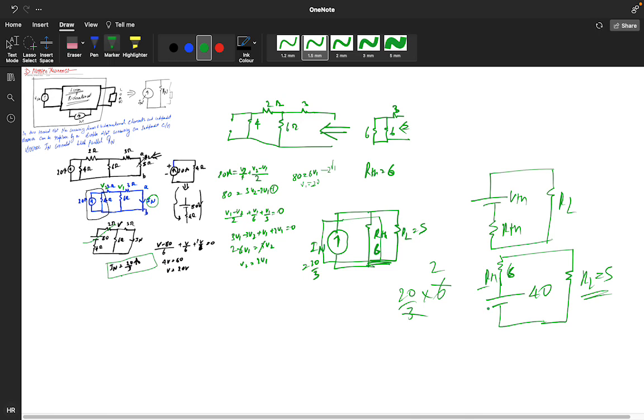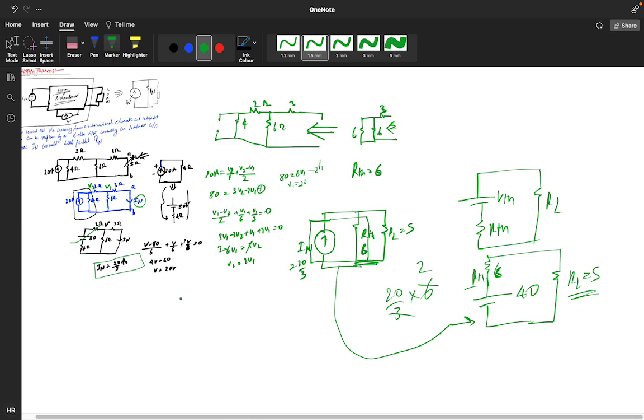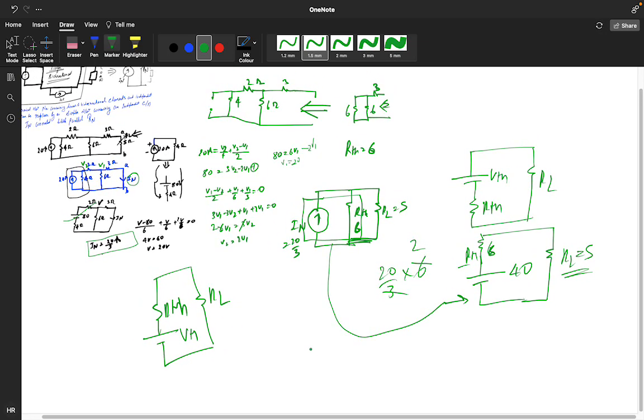Okay. So from Norton equivalent directly you can go for Thevenin's equivalent, and from Thevenin's equivalent also you can calculate the Norton equivalent. How will you calculate the Norton equivalent from Thevenin's? So suppose you have RTH value, you have a VTH value, and this is your RL. So you want to convert from the Thevenin's equivalent to Norton's equivalent.